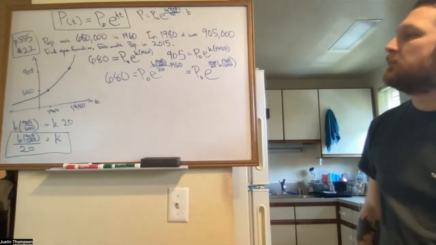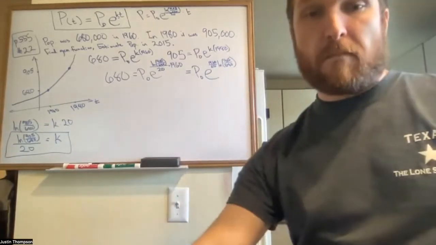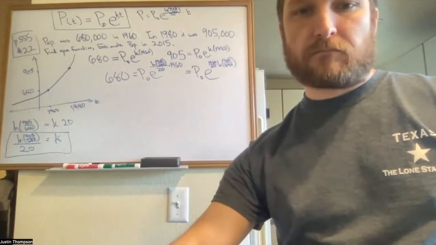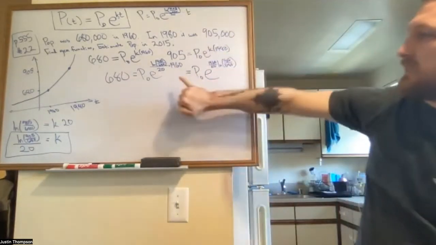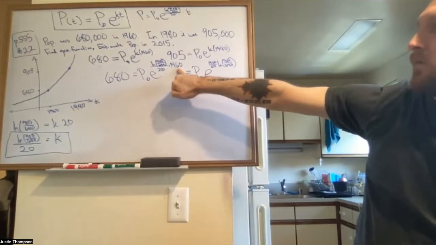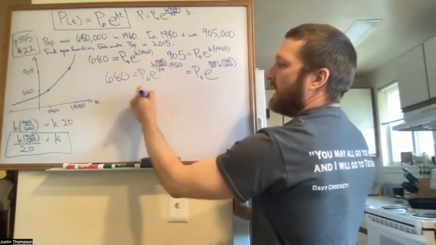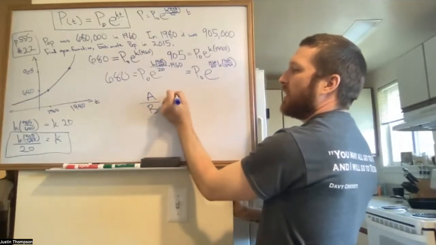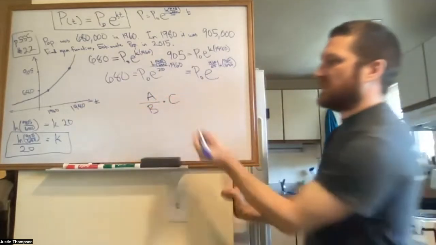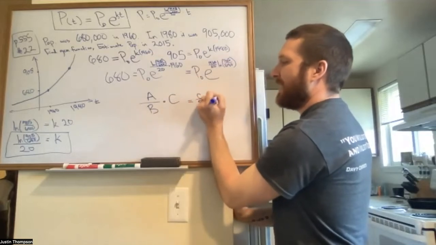Hold up. Wait, did you say wait? What did you do? Sorry, I'm still. Okay, so I plugged in the 1960 here, yeah? Uh-huh. And then I said, well, this is some number, let's call it A, divided by some number, call it B, times some number, call it C. I just said, well, I'm going to rewrite it as C over B times A. Why?